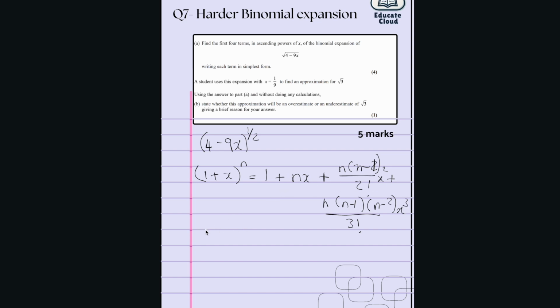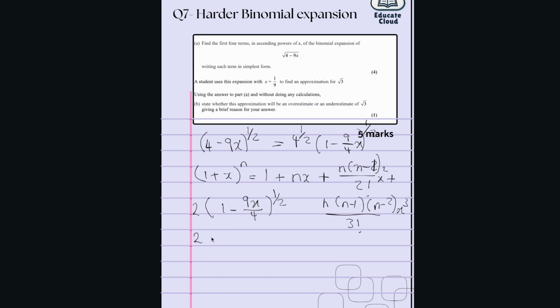So let's use it now, but before we use it, we need to factorize it out. So that's going to be 4 to the power of a half times 1 minus 9 over 4 x to the power of a half.